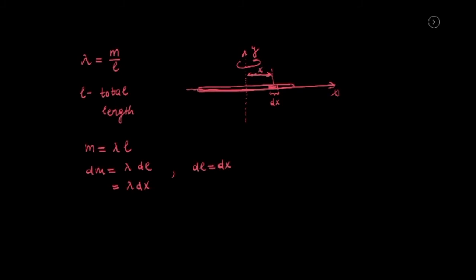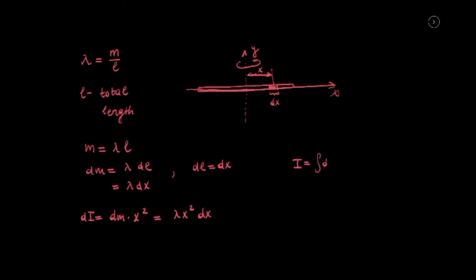So the moment of inertia of this dm element is dI, which is mass dm multiplied by the distance squared. The distance is x, so x squared. Inserting dm, which is equal to lambda dx, we get lambda x squared dx. To find I, we integrate both sides.